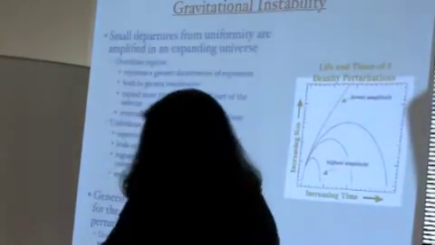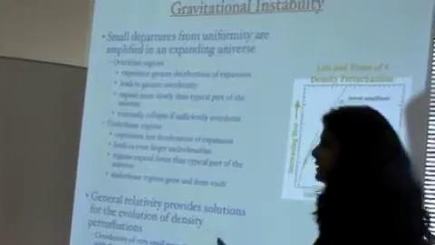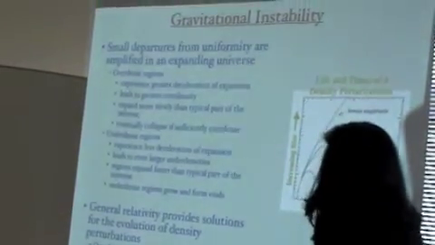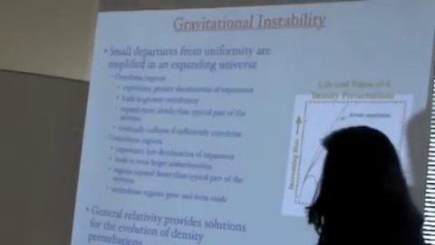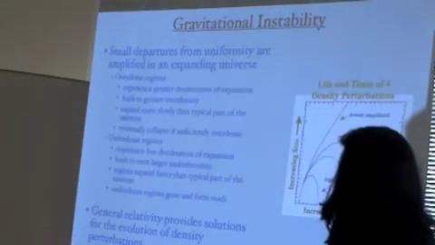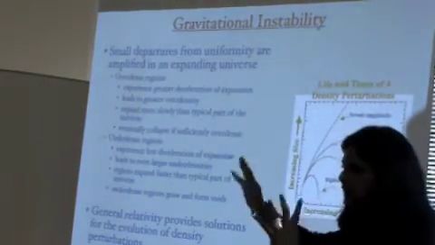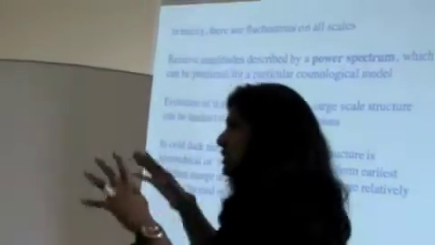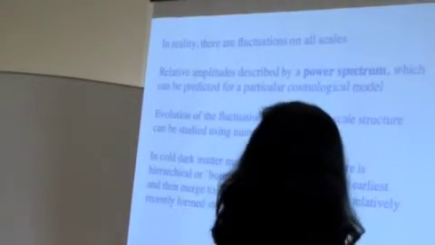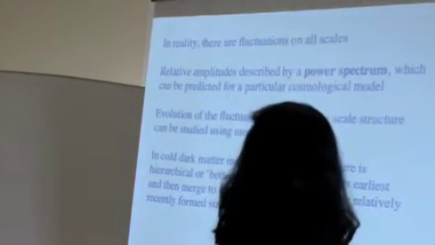I'll just quickly go through these, and I'll make the PowerPoint available for anyone who wants to spend more time. You have these fluctuations as a function of time. They're growing, and their sizes are growing in the universe. You calculate the fluctuations on all scales, and the relative amplitudes of the fluctuations on all scales is described by this quantity called the power spectrum.